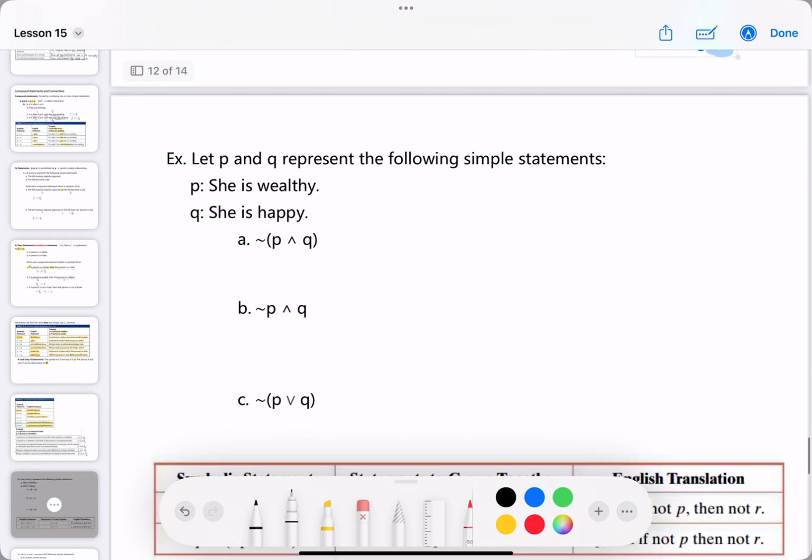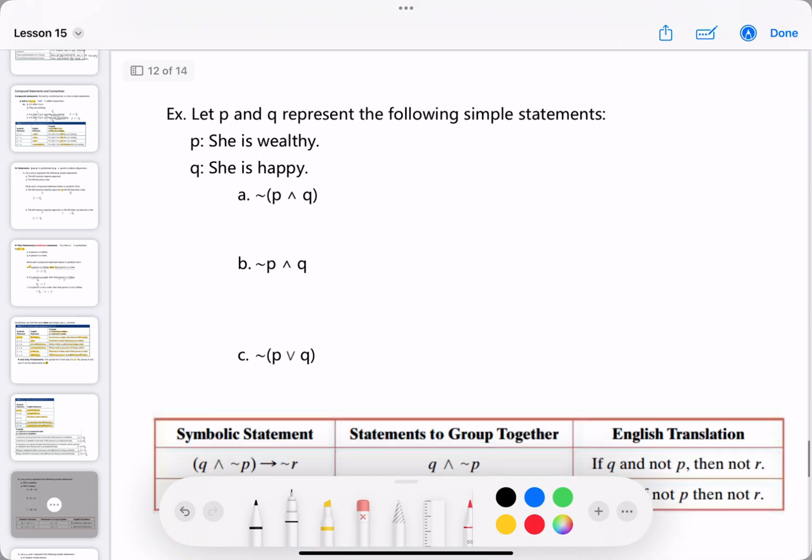Let's see the next part. Let P and Q represent the following simple statements. P is she is wealthy. Q, she is happy. If I want to express the symbolic statement here in English words, what should I do?